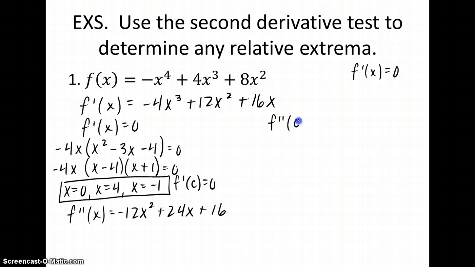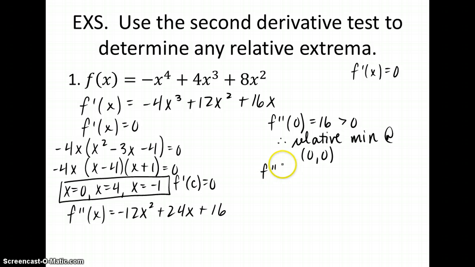So the second derivative at 0, substituting that in, is positive, therefore a relative minimum occurs at 0, 0. And the y coordinate comes from plugging 0 back into the original function.